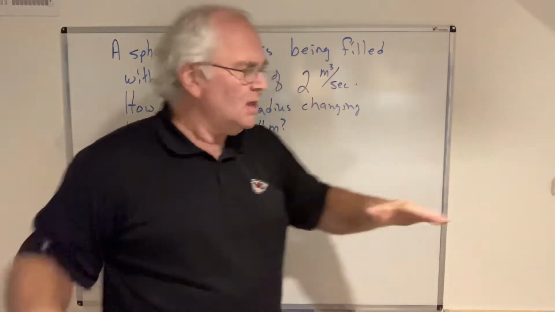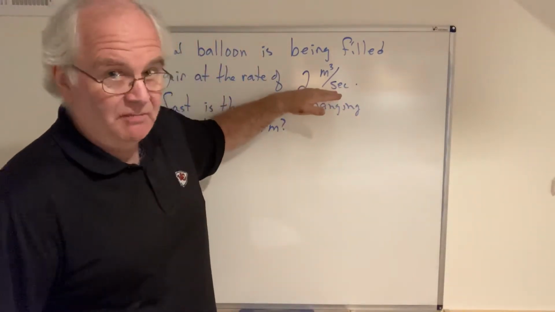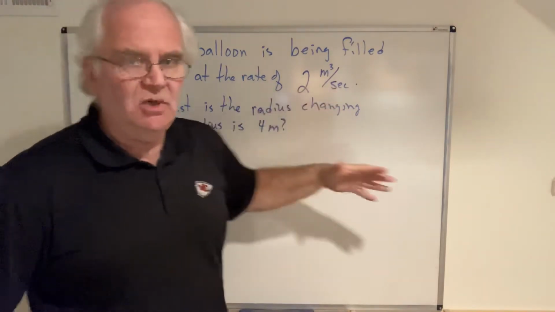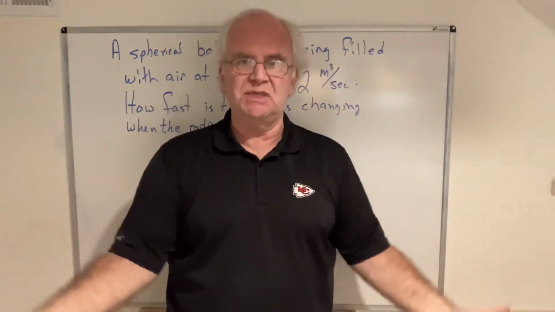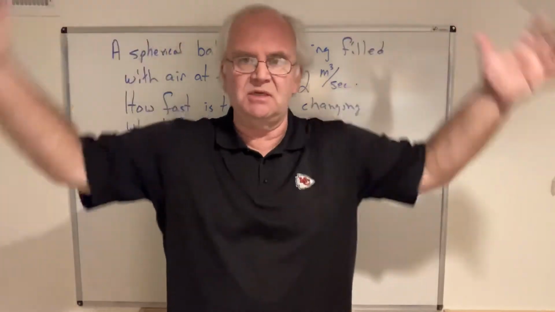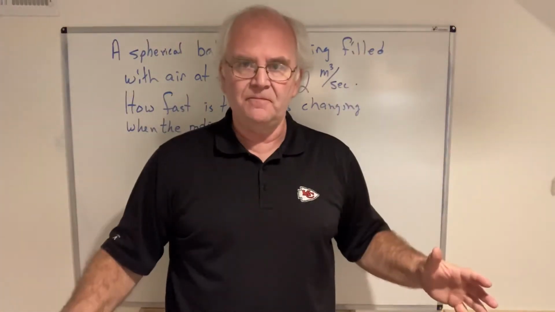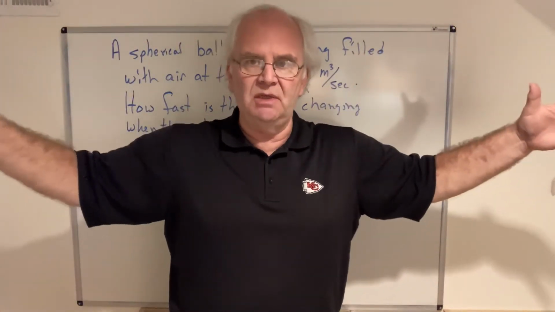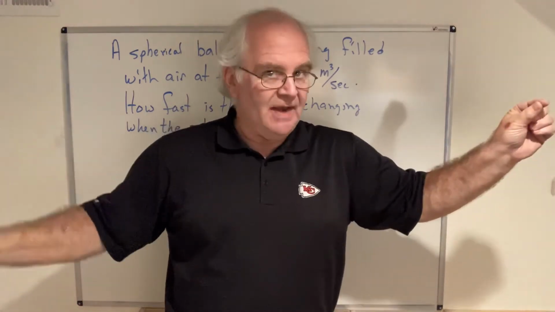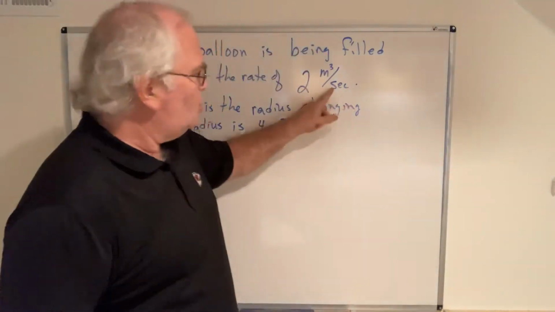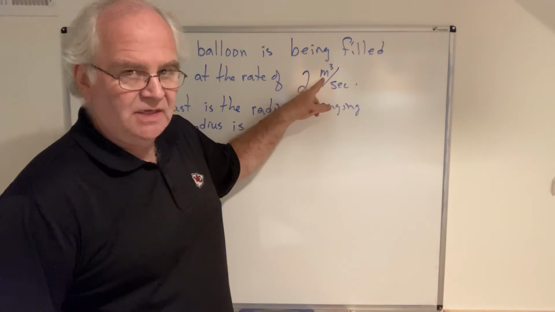Now, suppose it's a really big balloon. The balloon is the size of the solar system, the entire solar system of the sun and the planets. It's a huge balloon. But in the next second, 2 cubic meters of air is filled.